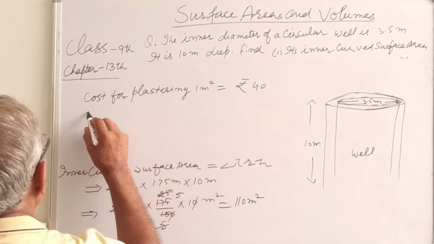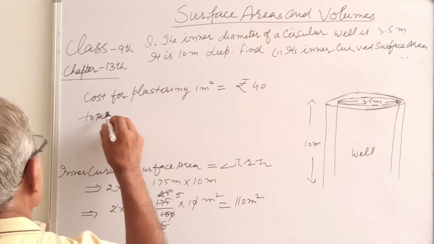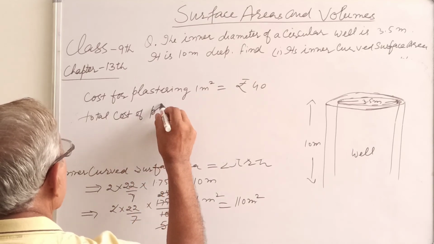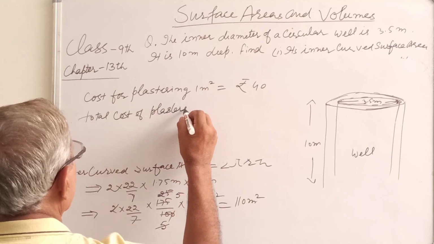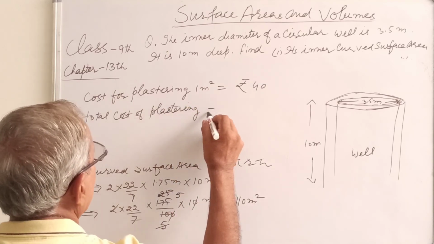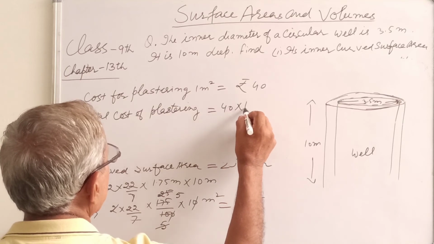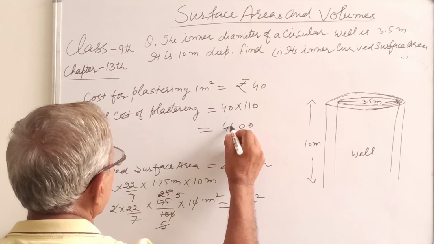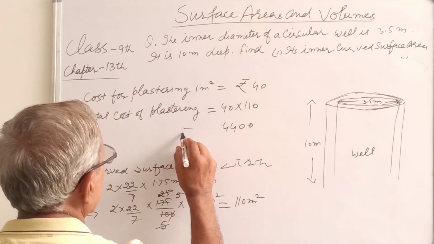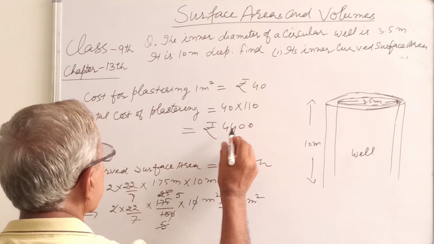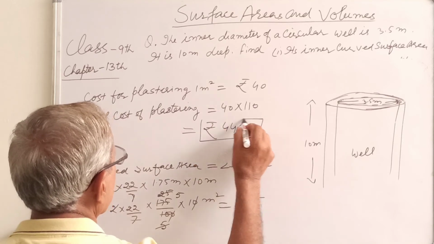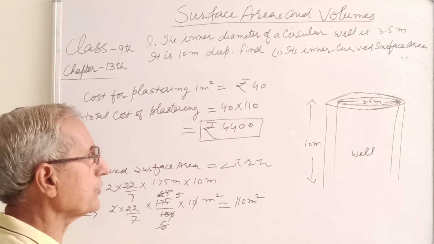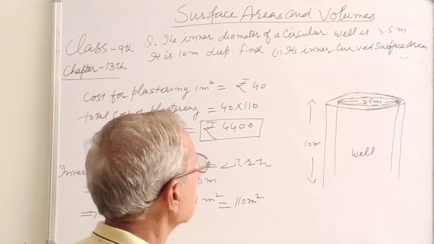The total cost of plastering will be 40 multiplied by 110, that will be 4,400. So rupees 4,400, that is the answer for plastering.